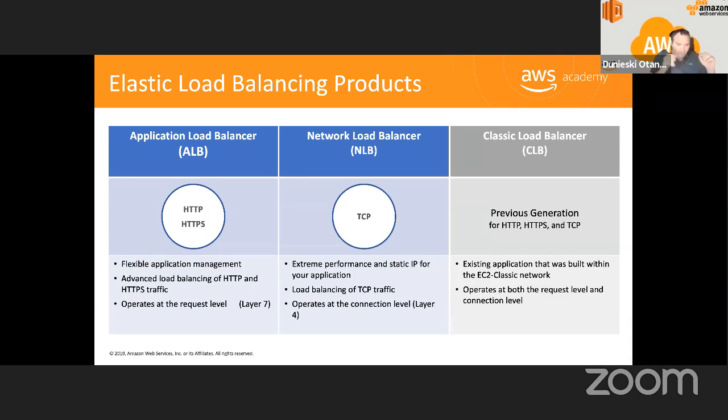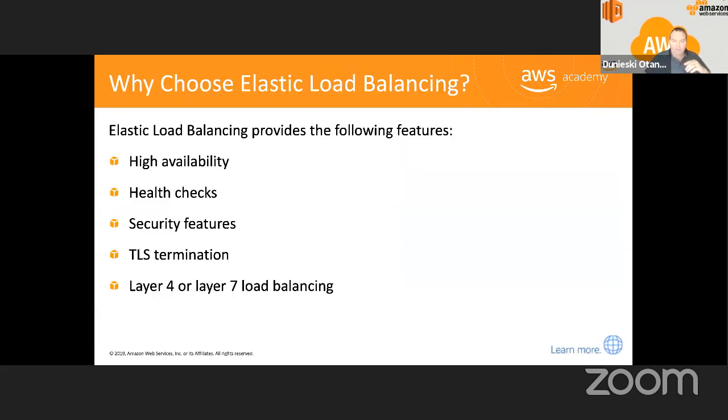If you create them inside of VPC, then they're not EC2 Classic instances. Now, this one, like I said before, operates at both the request level and the connection level, layer 7, layer 4.